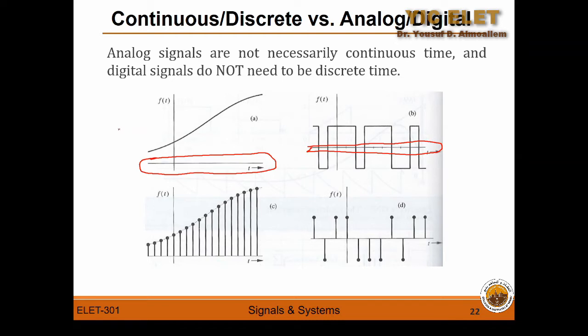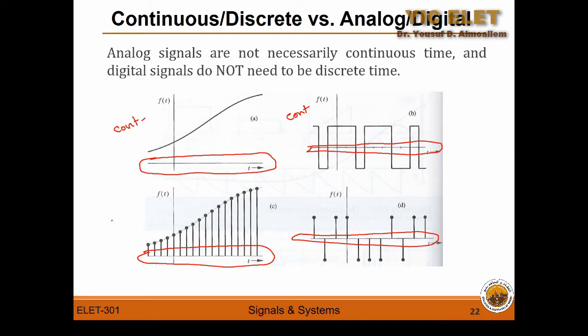So this is continuous time, and this is again continuous time. If we look at the bottom side, the t-axis, here and there, it is discrete.